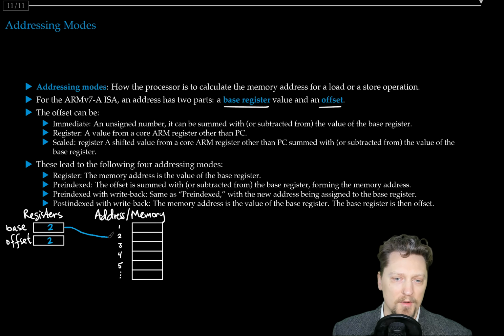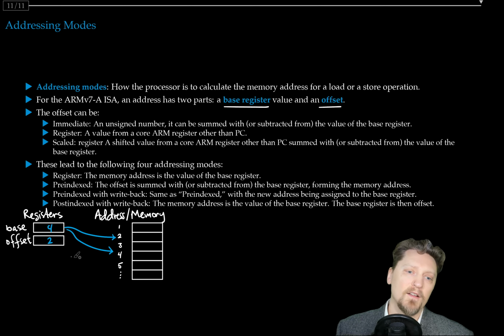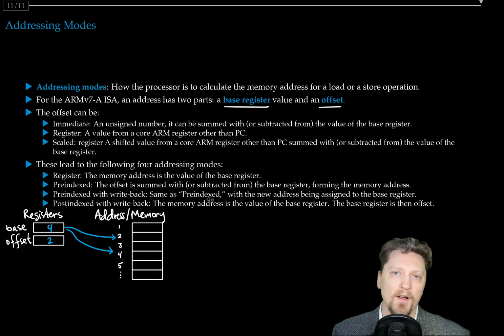So 2 would be our address. Now we offset the base register. So now that we've looked up 2, for the next step, we're going to change 2 to 4, the offset of 2, and we'll look up 4 this time. And then again, we'll offset the base to 6, etc.